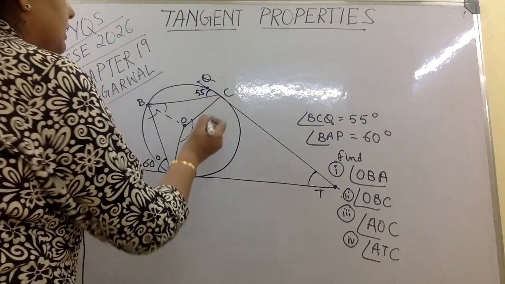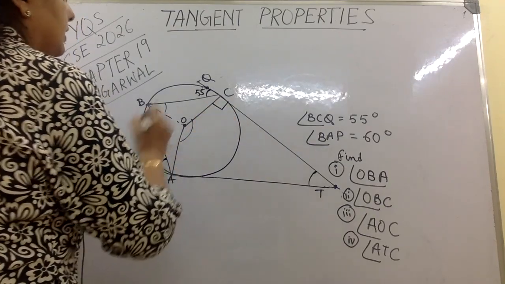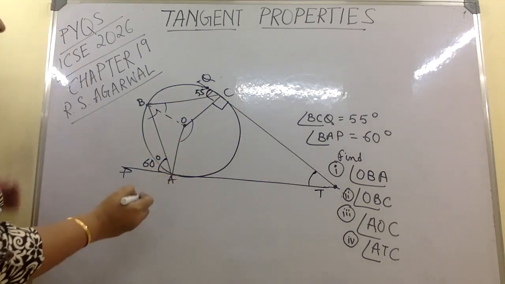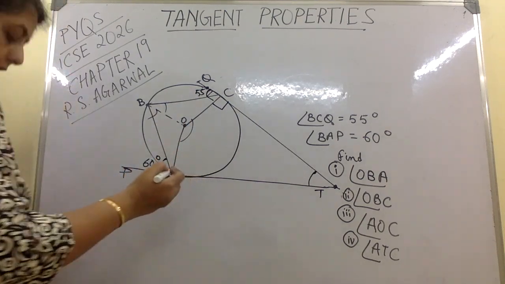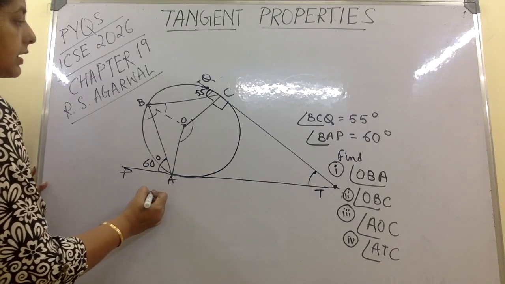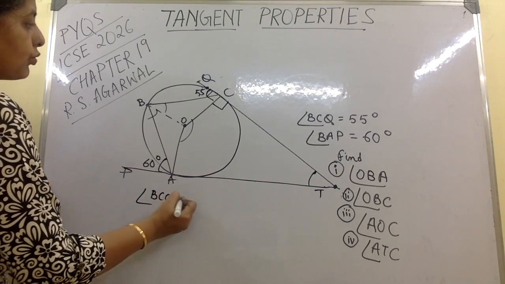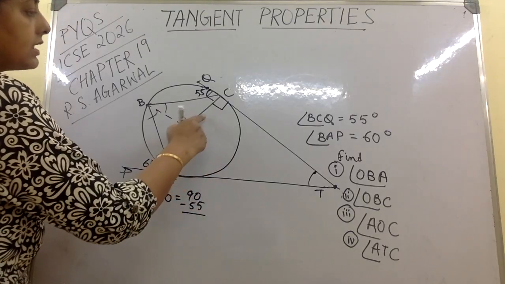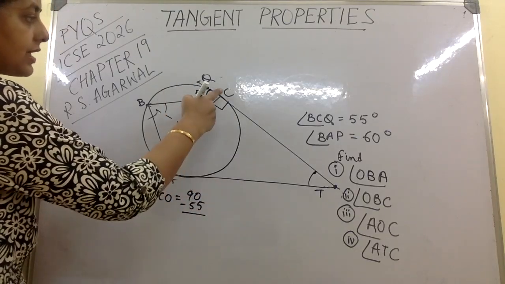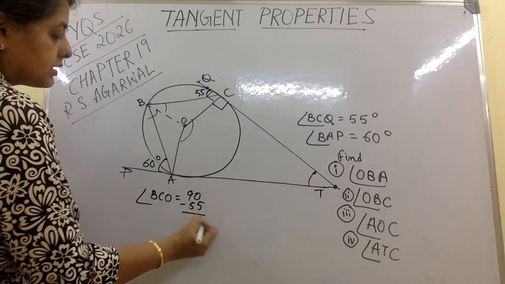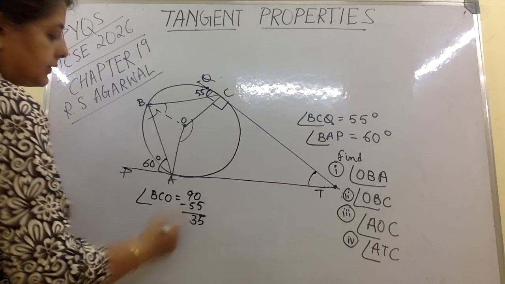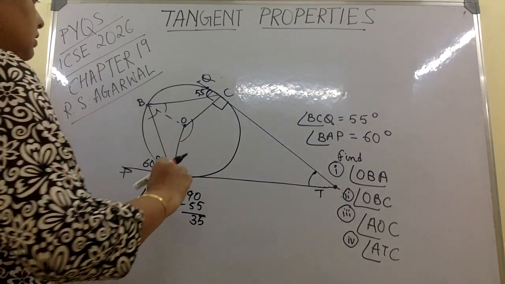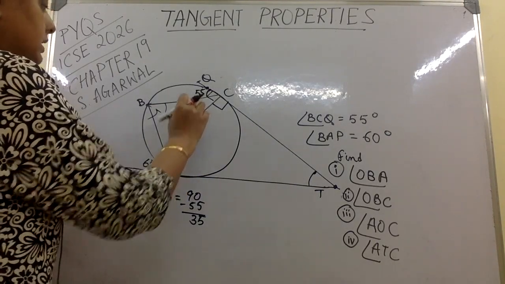Remember, this is 90 degrees, and here also we have 90 degrees. So angle BCO is equal to 90 minus 55, because 90 is made by the radius to the tangent at this point C. So BCO is 35 degrees.